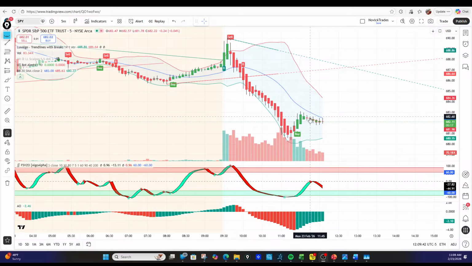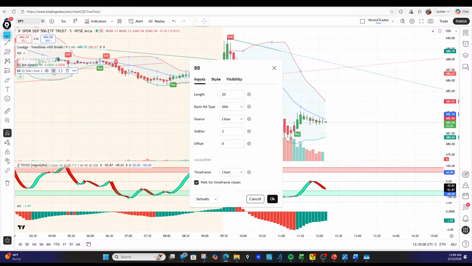And we've come up, and this average here, I believe it's the 20-day average. Let's see. Yep, it's a 20-day moving average.